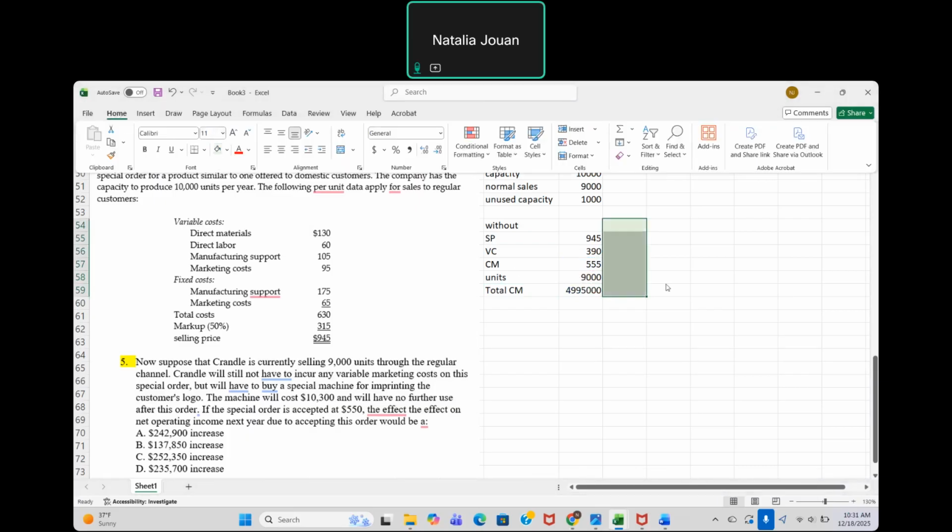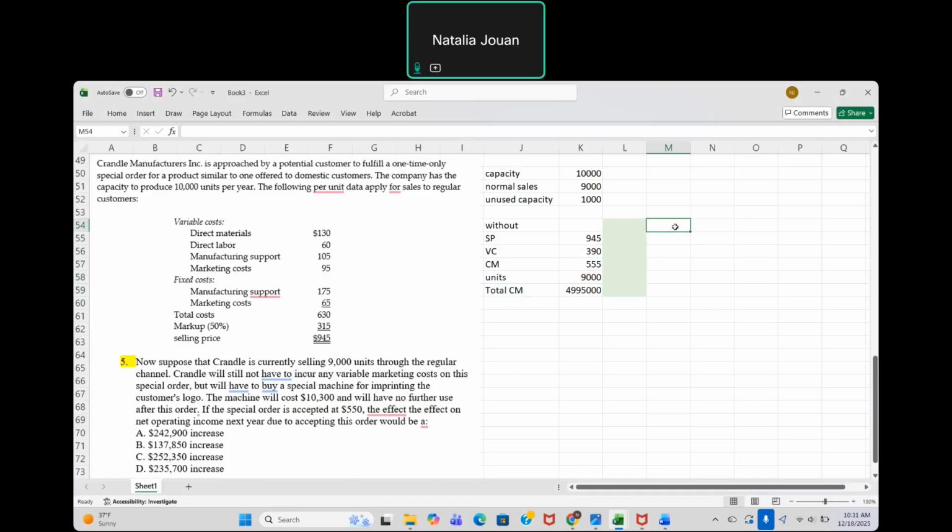Now, with the special order, let's just throw a line here. If we decide to take the special order, we are going to have to pull from regular sales, because the special order is for 1,030. So we have regular sales, the special order, and total capacity.